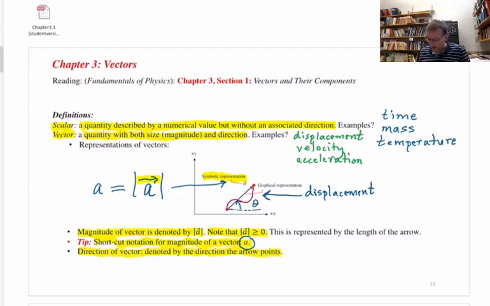In this case, I have to go what's called counterclockwise from plus x to denote that angle. Okay, so we're going to denote the direction of a vector by giving you an angle measured from plus x. We're usually going to use the symbol theta for the angle. Okay, so there's the first few comments about vector quantities in 2 dimensions.